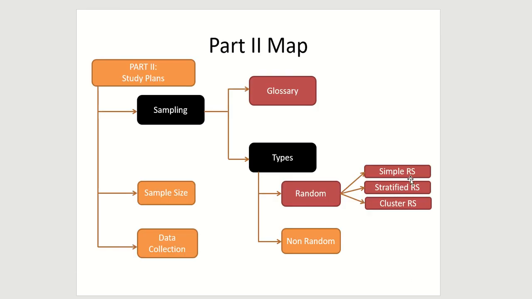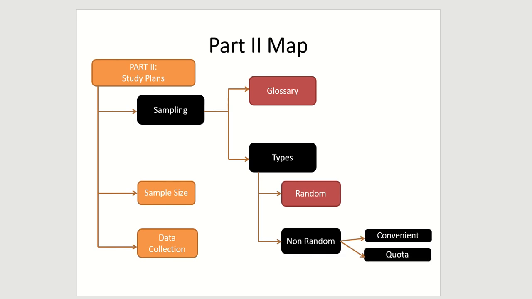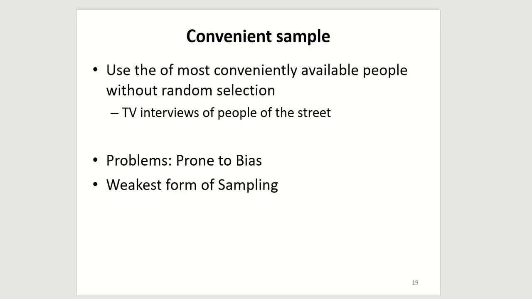So that covers the three major well-known random sampling techniques: the simple random, the stratified sample, and the cluster sampling technique. Let's move into the non-random. There are two major ones: convenience and quota. Convenience is when you take a conveniently available sample.